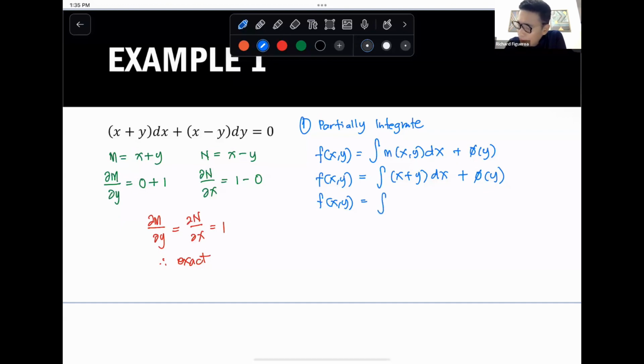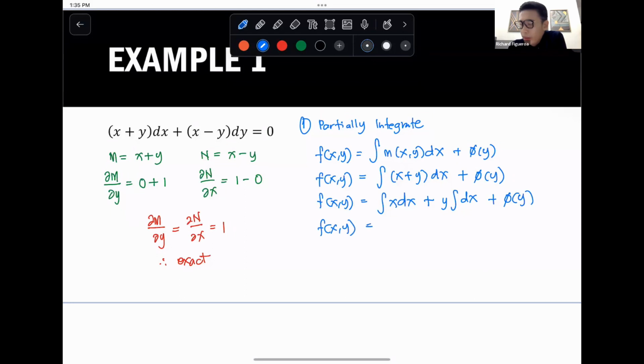This is the same as integral of x dx, and then plus y is constant. So ilabas ko lang siya, y, the integral of dx, and then plus p of y. So we move out the constant, so matitira lang sa loob will be the variable.